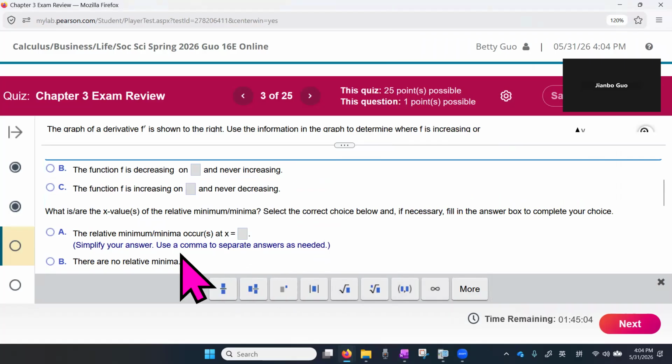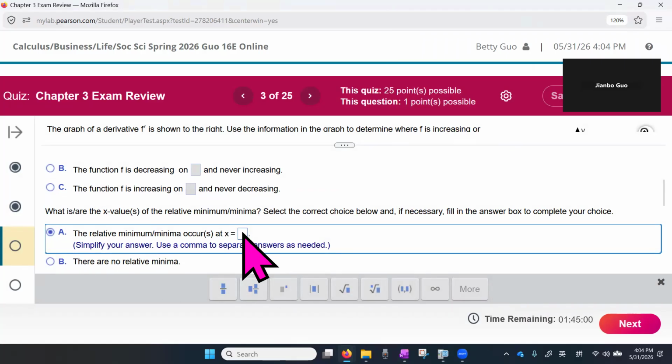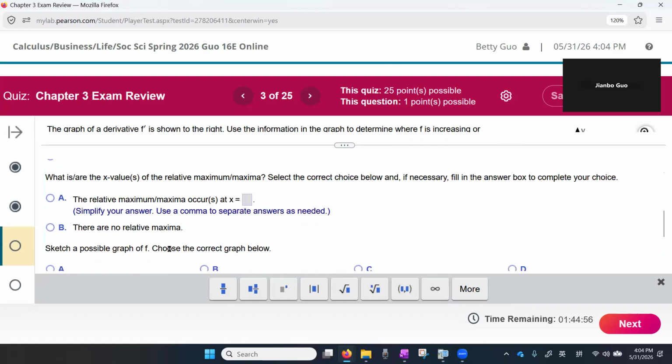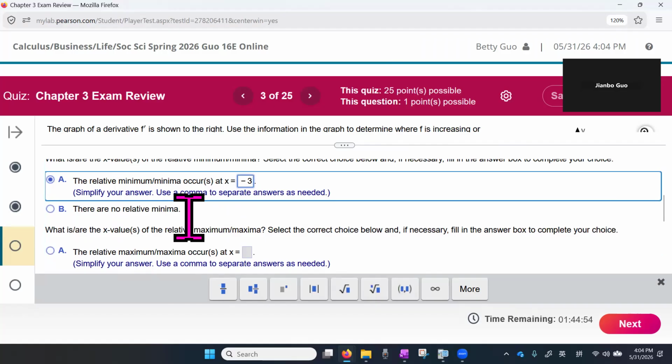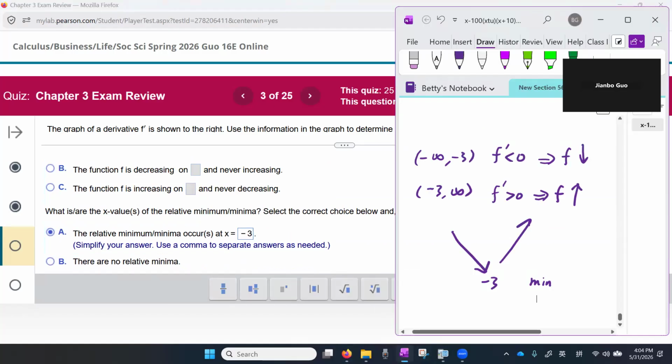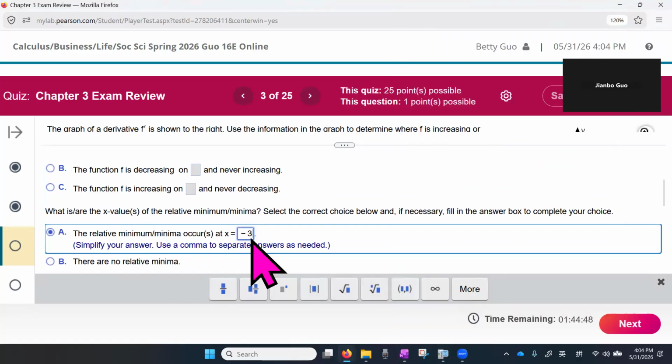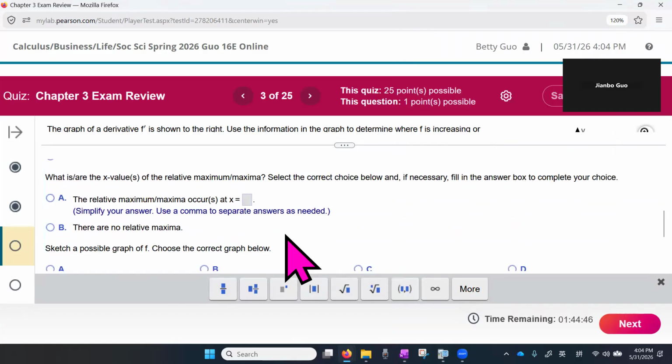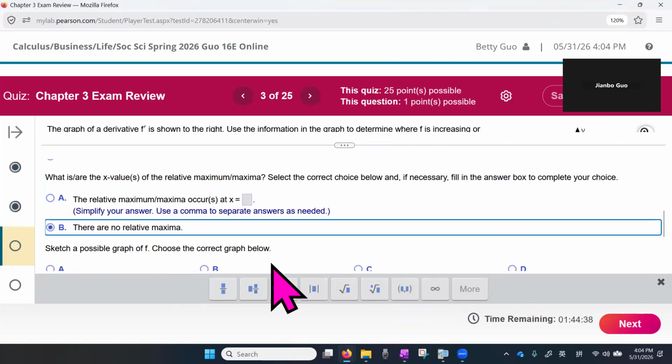The function does have a relative minimum, which occurs at x equal 93. It does not have a maximum, so choose this one.